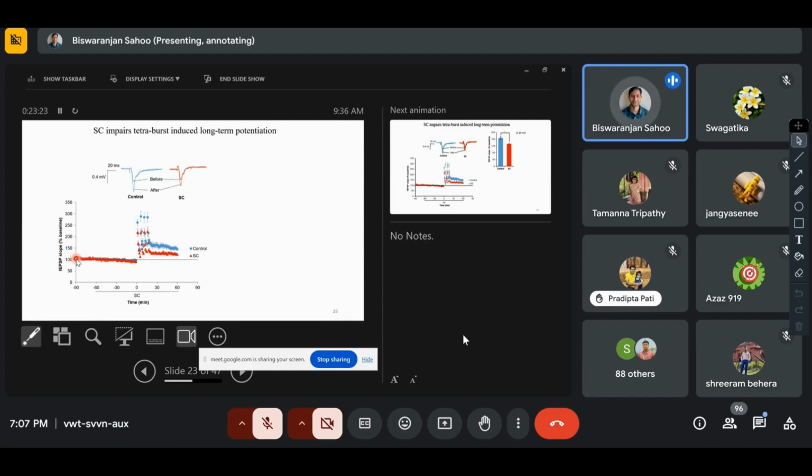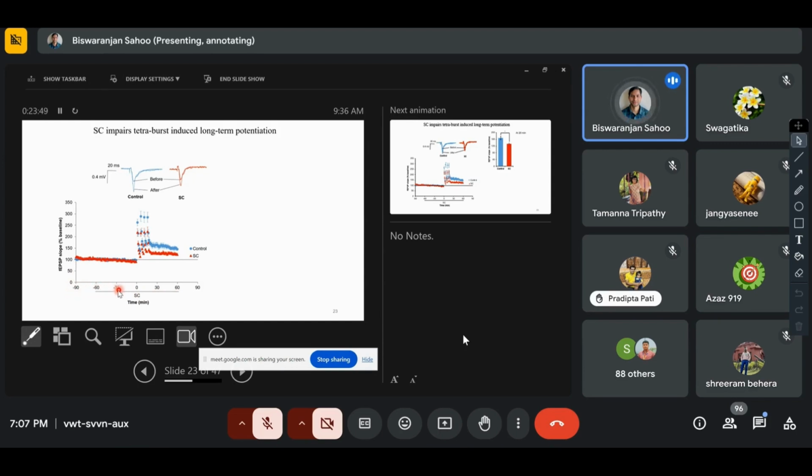This is the protocol, the method. First you take the slice and incubate for 30 minutes, with no treatment, only artificial cerebrospinal fluid.